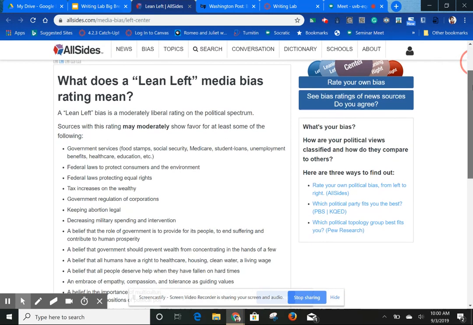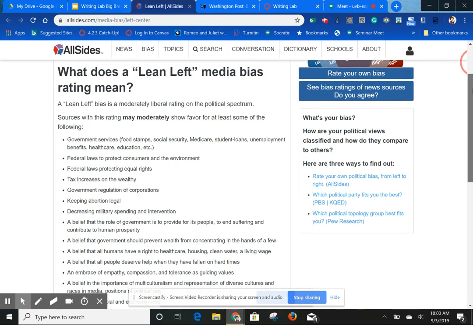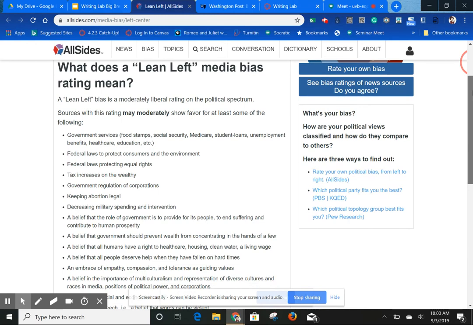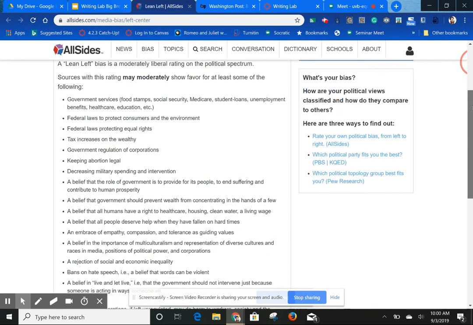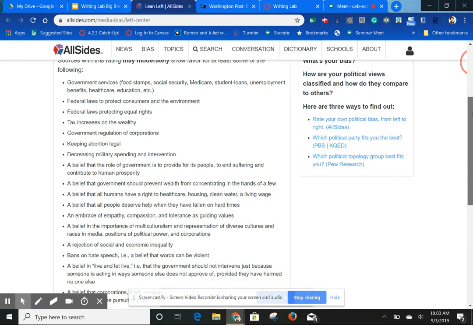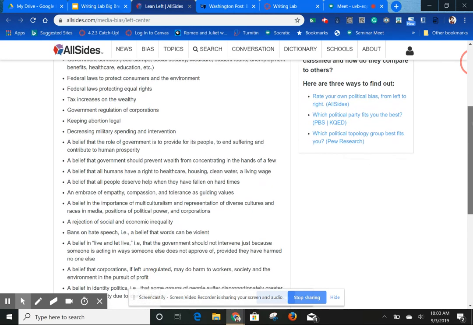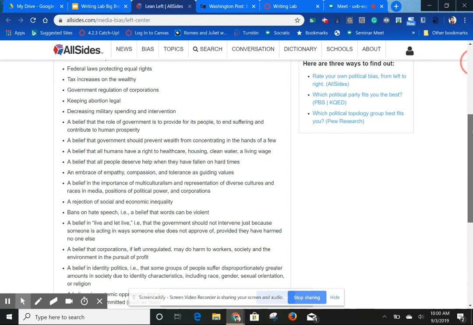So I've also linked for you a definition of what it means to lean left in a media bias. And this is the Washington Post. The Washington Post leans left is what they say. So federal law, we need the federal laws to protect consumers and the environment, equal rights, tax increases on the wealthy, government regulation of corporations, keeping abortion legal.